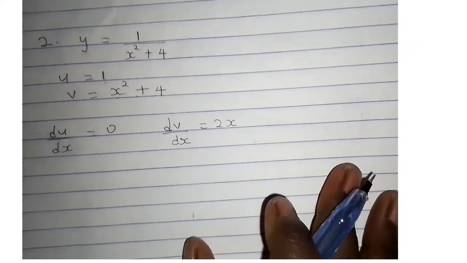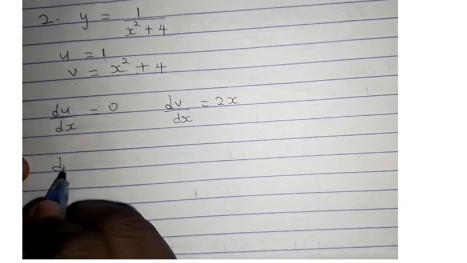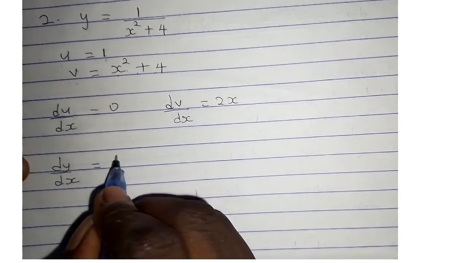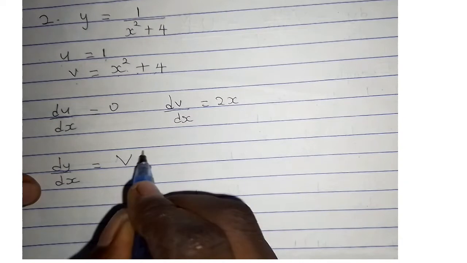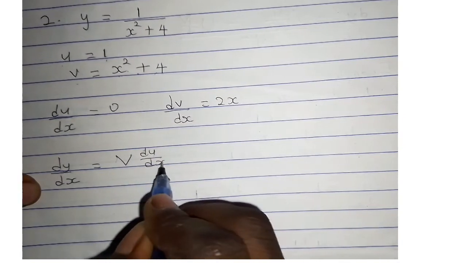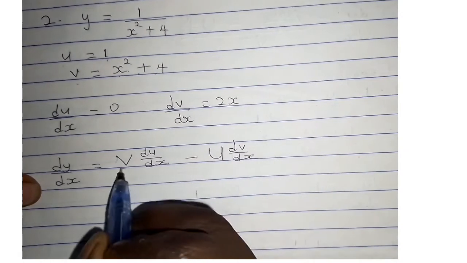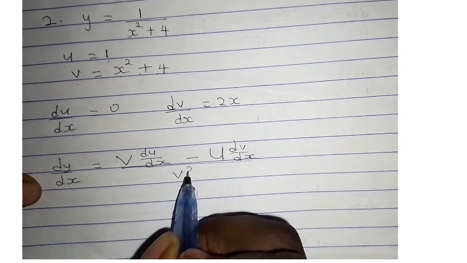So putting it into the quotient rule formula, which is dy/dx equal to v du/dx minus u dv/dx all over v squared.